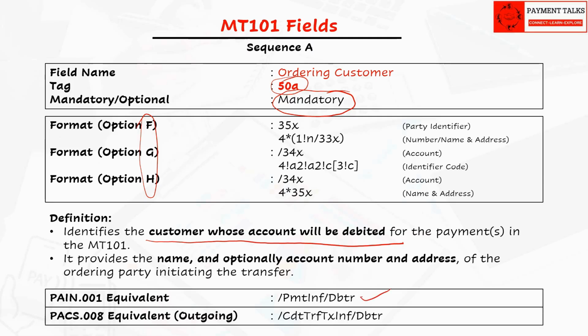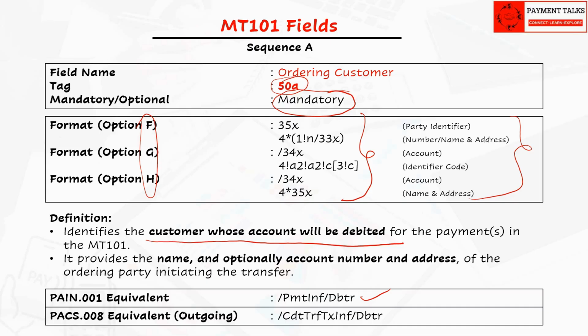Now, how the information from these letter options will be mapped into the section of debtor in ISO will be taken as a separate video. We shall discuss the common patterns of mapping from MT to ISO and also ISO common components and what information is needed inside each party or agent sections of ISO will be covered separately, as that is fundamental to how we process the modern ISO payments.